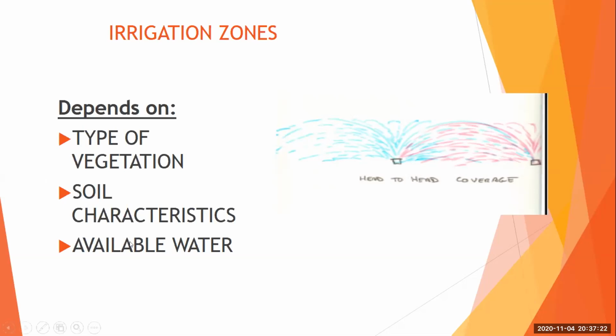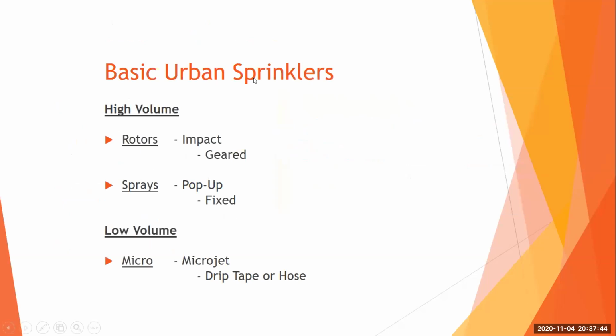And again, how much water you have available. If you don't have much water, maybe you can use only bubblers or emitters, and that's it. You cannot use rotors because you don't have water. That's important to take into consideration. And again, you can have high volume or low volume.